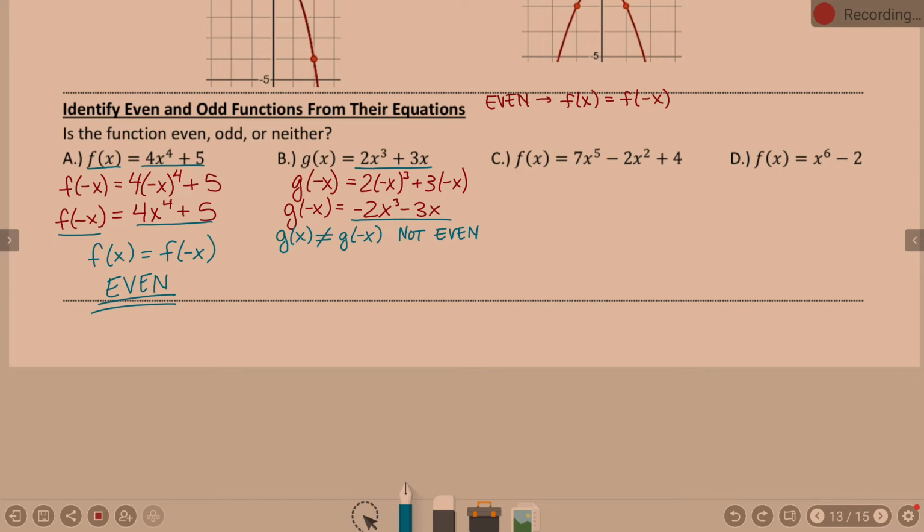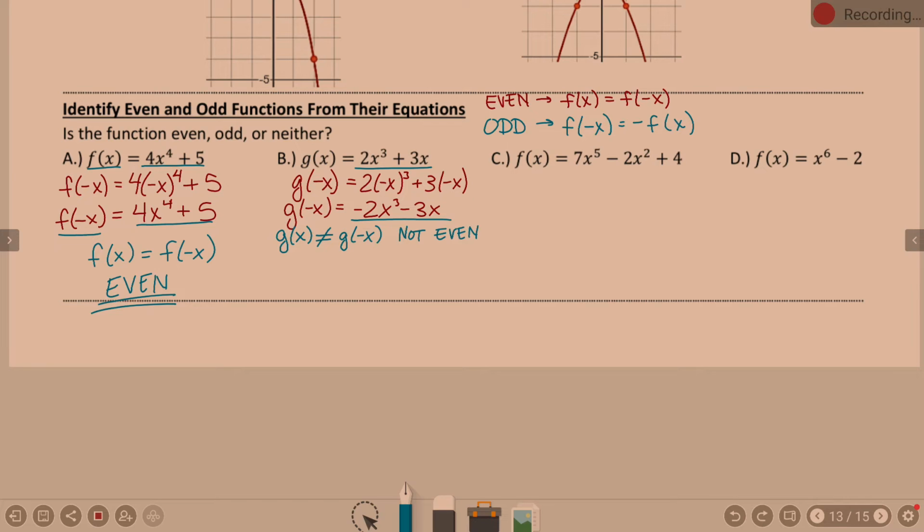From above, what's my odd rule? f of negative x, which I just found, and we now need to see if it's equal to negative f of x.